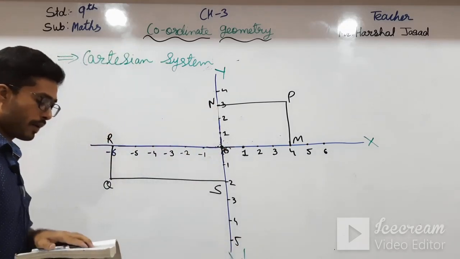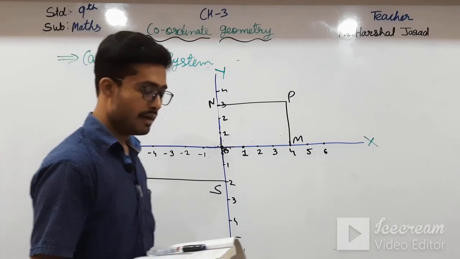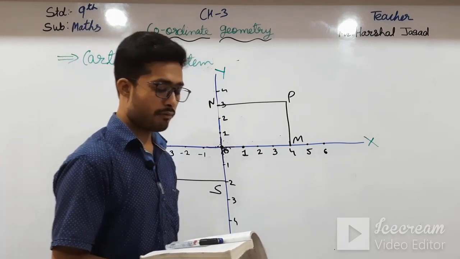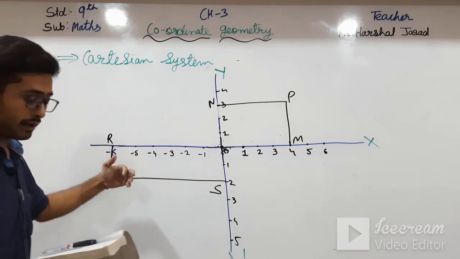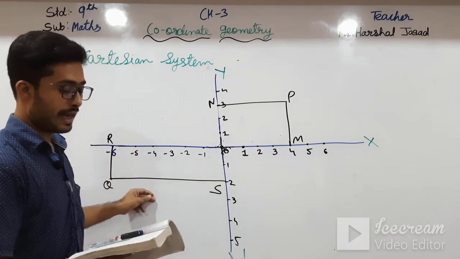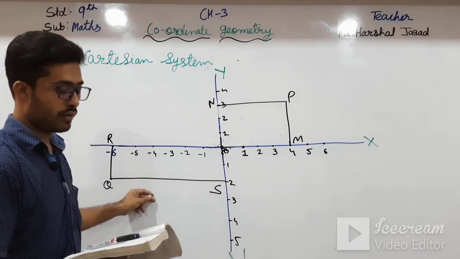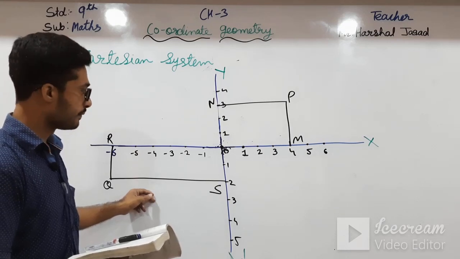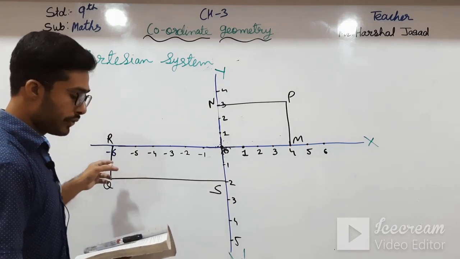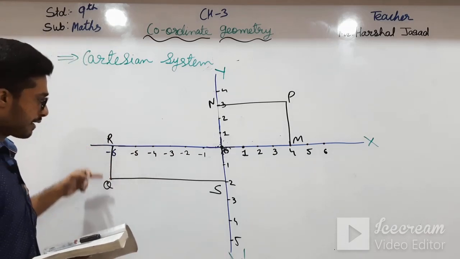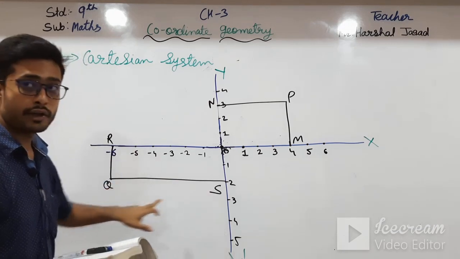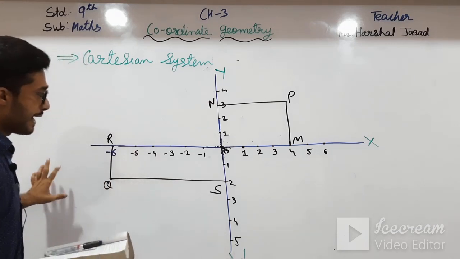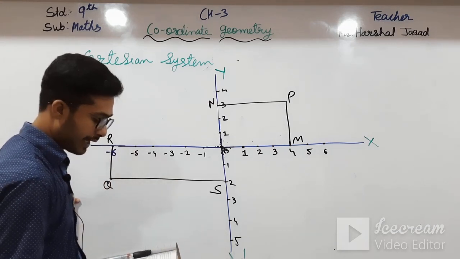Okay students, now the perpendicular distance of the point Q from the y-axis measured along the negative direction of the x-axis is QR, equal to SO. Here it is QR and here it is SQ on the negative side.